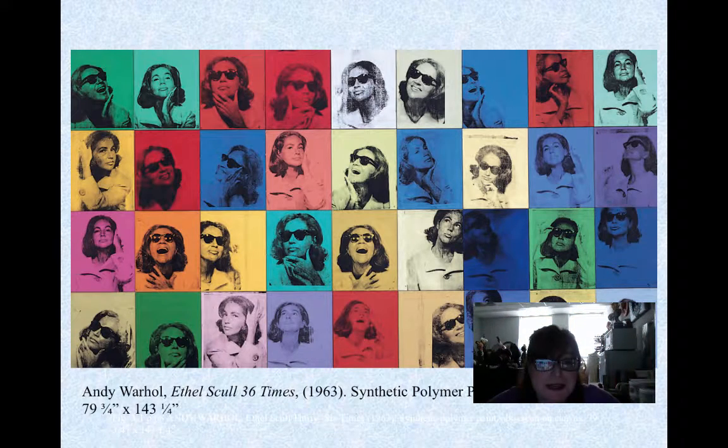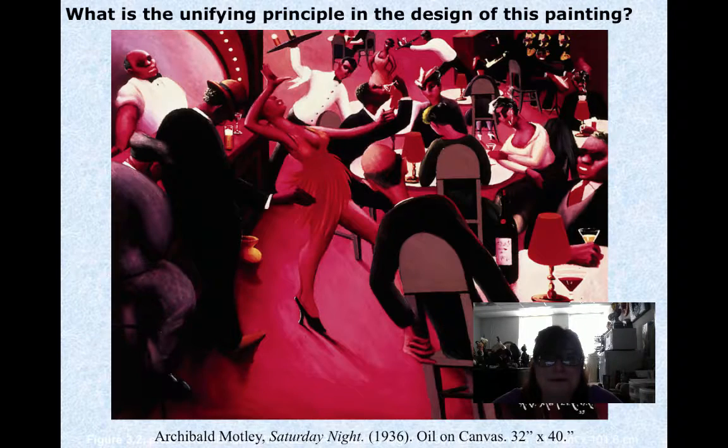So if you look at this, what are the ways in which you're seeing unity and you're seeing variety? So unity, it's all the same lady. Variety, she's posing a little bit differently in each image, and of course there's lots of different colors on top of each of the images as well. So you've got both of those going for you here.